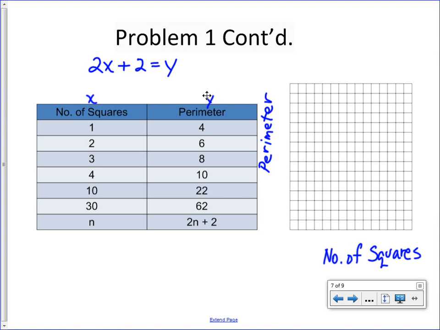If we wanted to give it a title, we could call it perimeter of squares. Now we need to give it a scale. I'm going to start with 0 in the corner, and each square is going to represent 1.